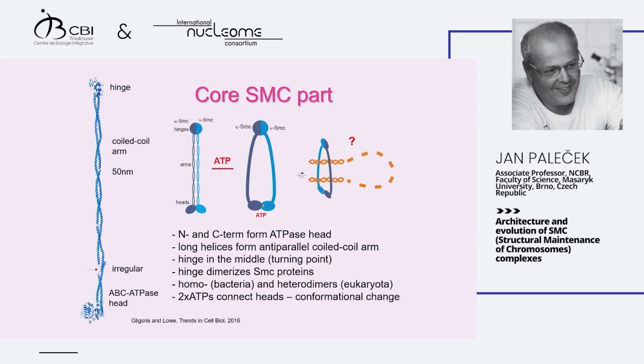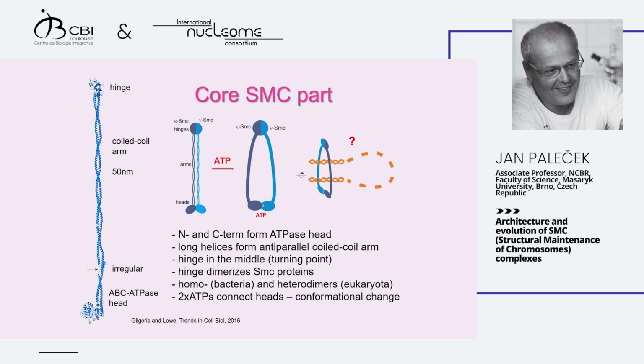When ATP binds, each of the heads binds ATP and also dimerizes. Upon this binding of two ATP molecules, you get the heads engaged, and also a quite substantial change of the conformation of these arms.